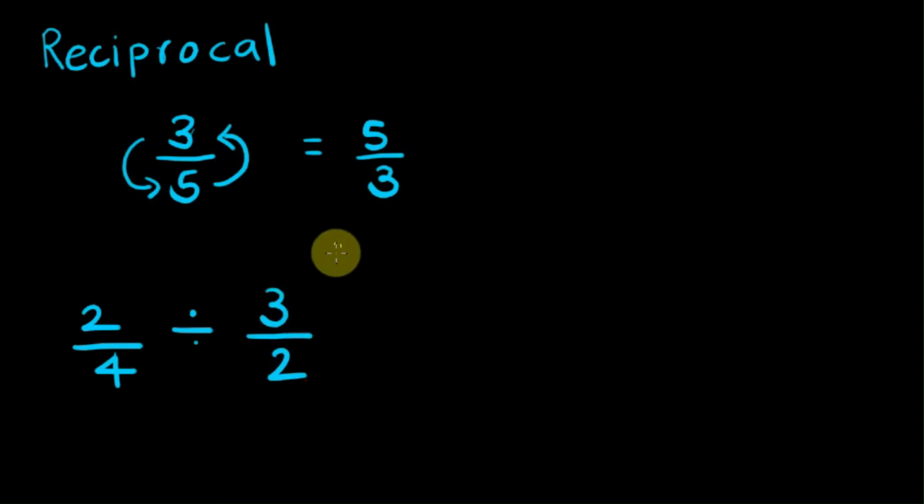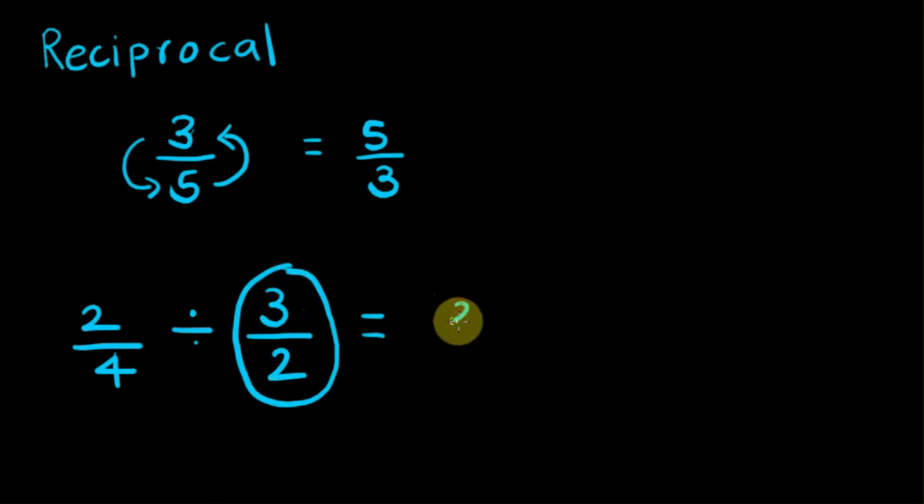We have to reciprocate the second fraction, which means we take the reciprocal of it. So 2 upon 4, and the reciprocal of the second fraction is 2 upon 3, and now I'll no longer divide.